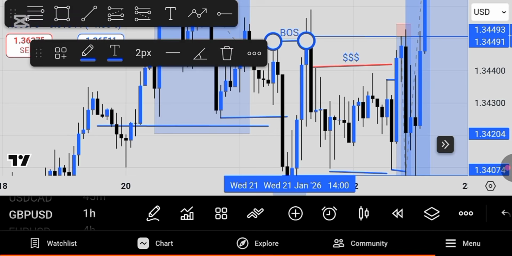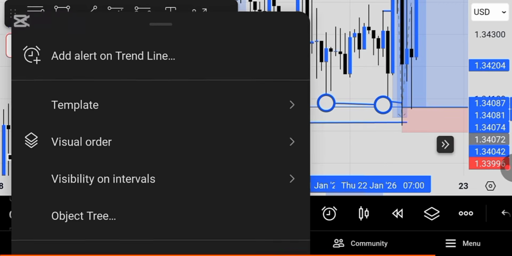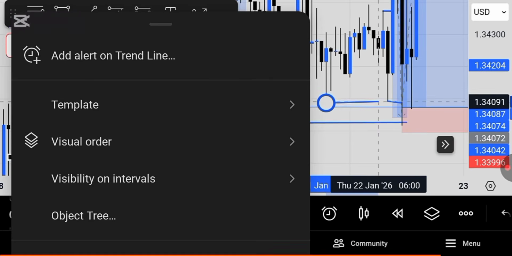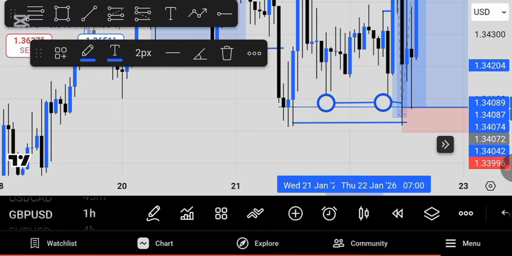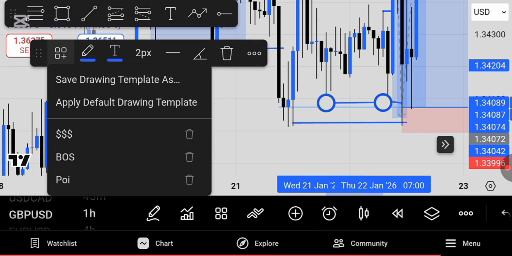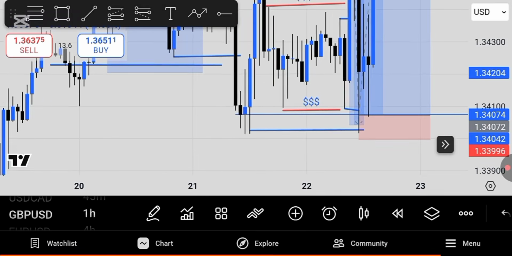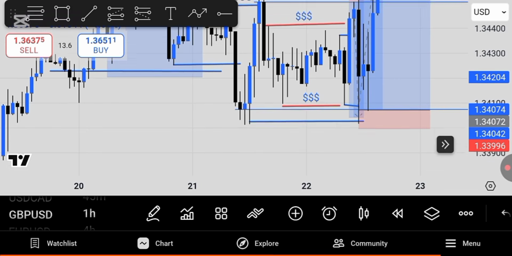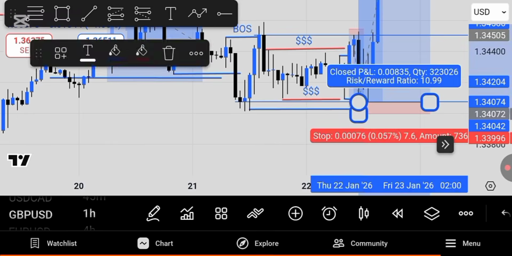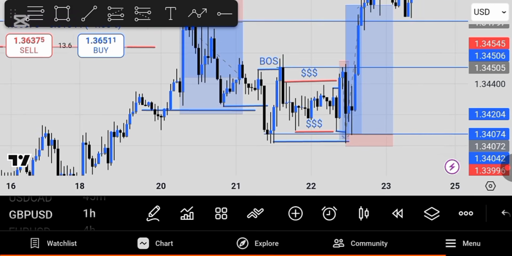And we have this as our liquidity resting below the POI. We have liquidity resting below here, the POI. You can see it gave us another 10 RR trade, which is a very, very nice one.